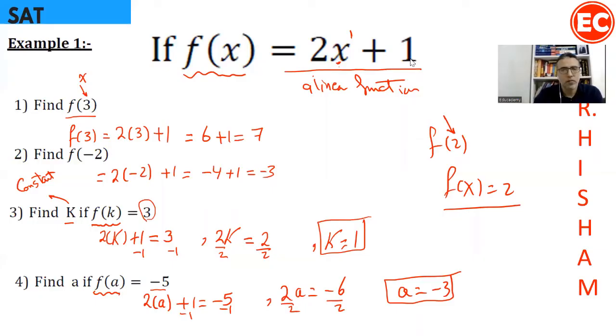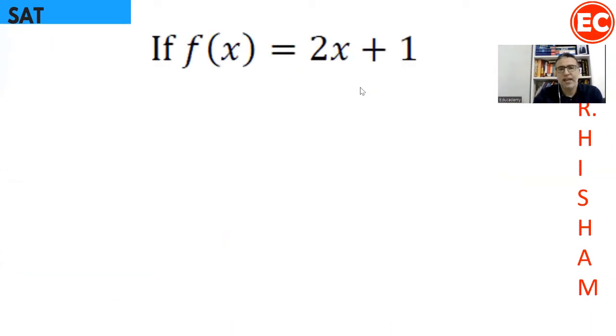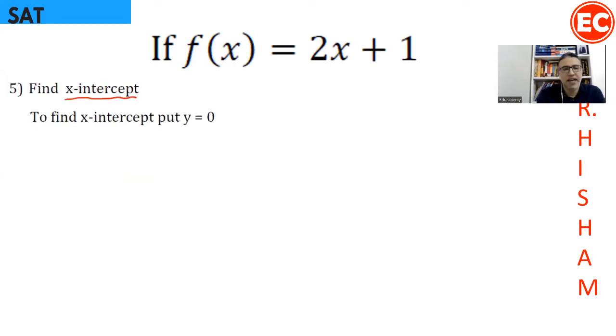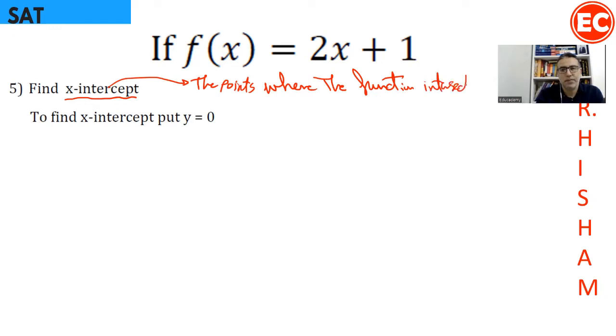The second part, for the same function, I wanted to find the X intercepts. And I mean by X intercepts the points where the function intersects the x-axis.